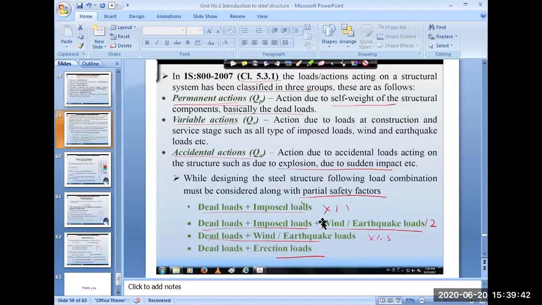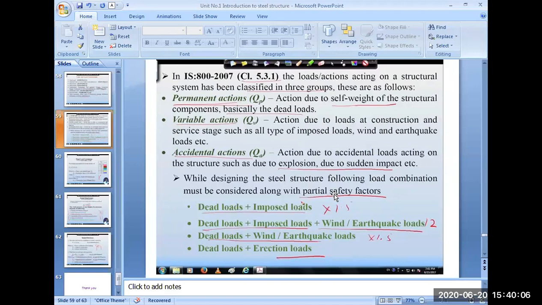Next point is related to IS 800 2007, clause number 5.3.1. Here the structural actions have been classified into 3 groups.